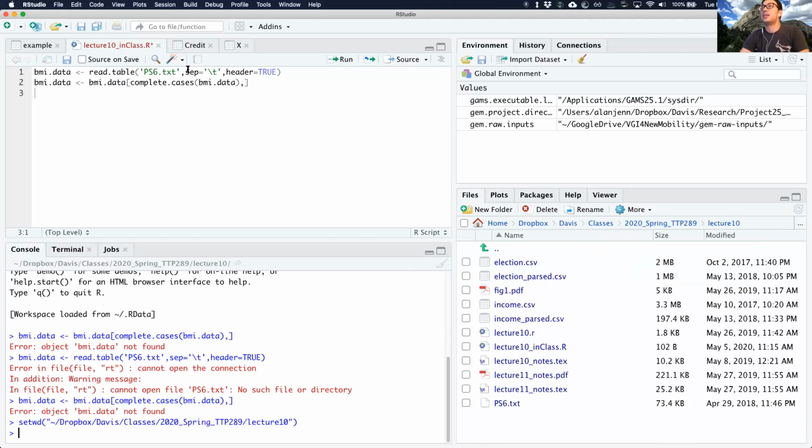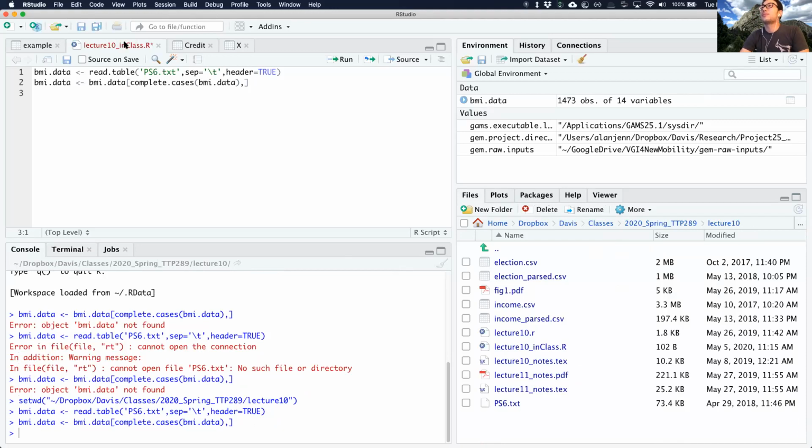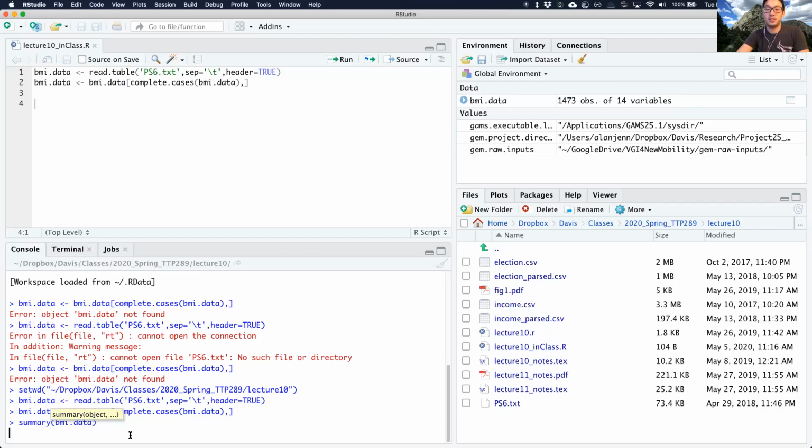All right, one more try. So let's take a look at this data. Summary, BMI data.